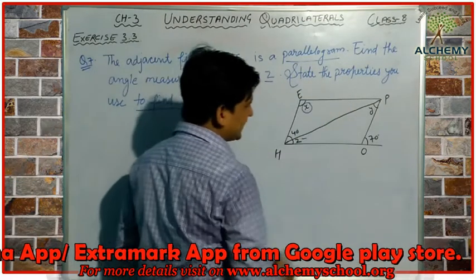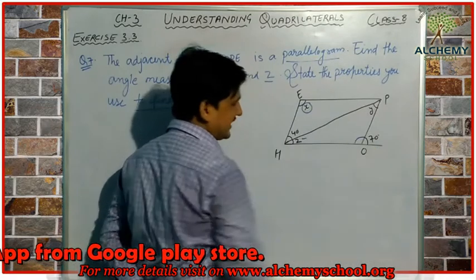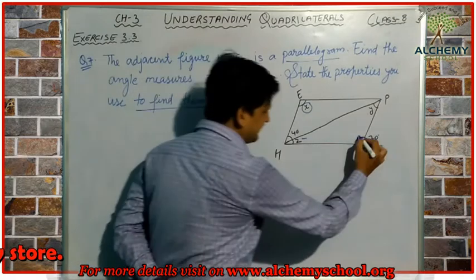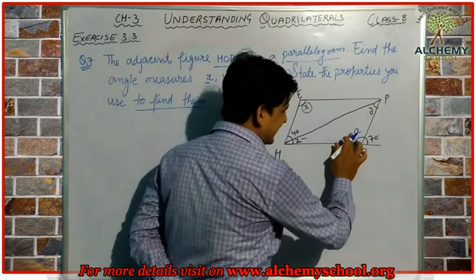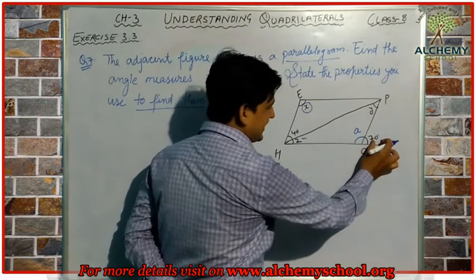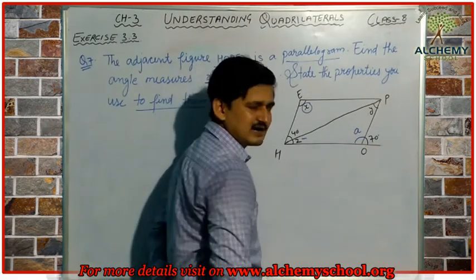When we observe this figure, we find that we can find this angle. We need to find this angle first. Can we name it as angle A? Now we can say angle A and 70 degrees make 180 degrees. Why? Because these two angles are a linear pair.